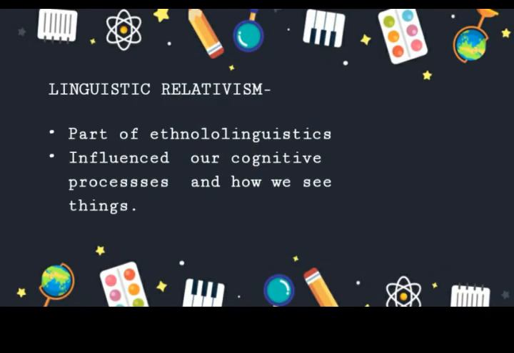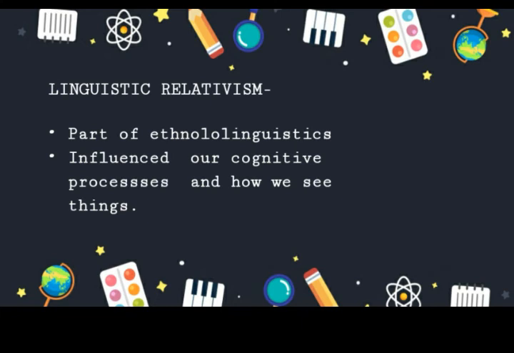Moving forward, part of ethnolinguistics is the so-called linguistic relativism. It states that the language we know or use every day is more than just a list of words guided by grammar structures and prescribed rules. It goes beyond the ordinary, for it also influences our cognitive processes and defines how we see things.